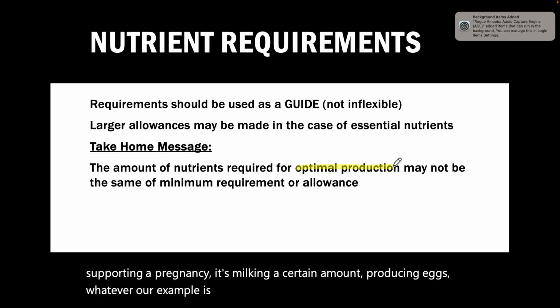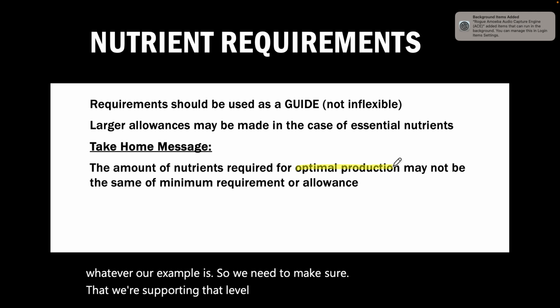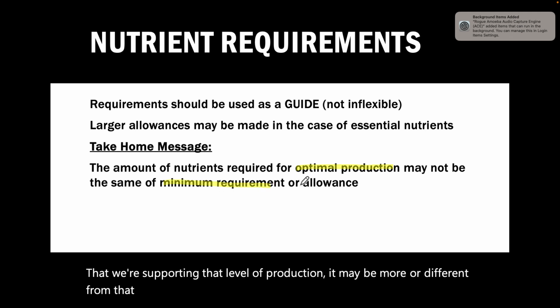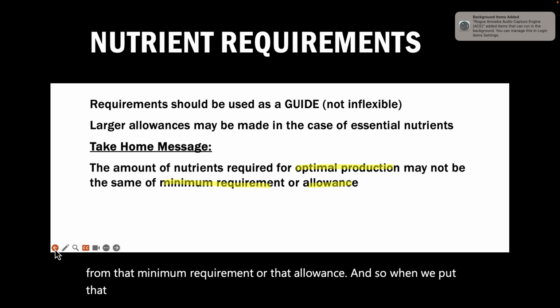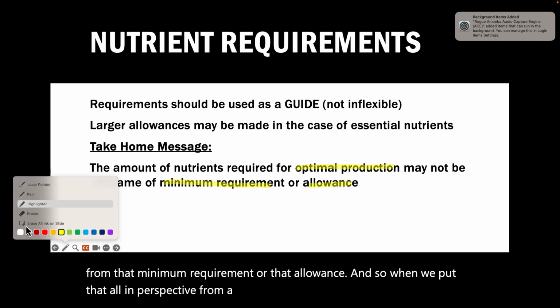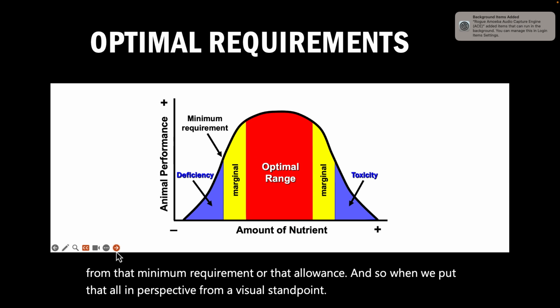So we need to make sure that we're supporting that level of production. It may be more or different from that minimum requirement or that allowance. And so when we put that all in perspective from a visual standpoint, this is what we get.